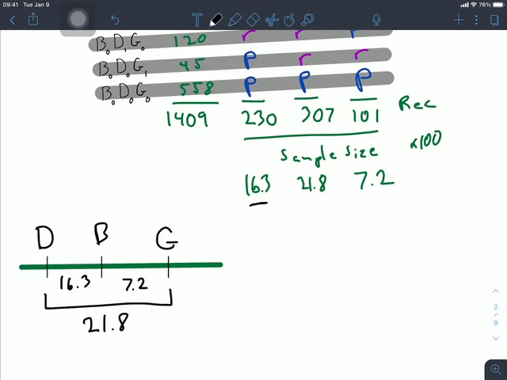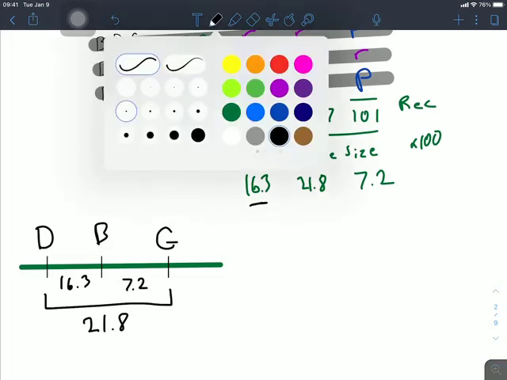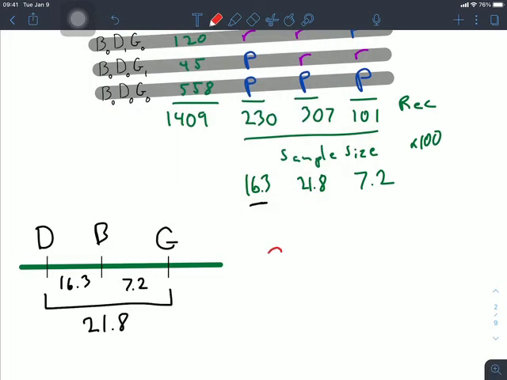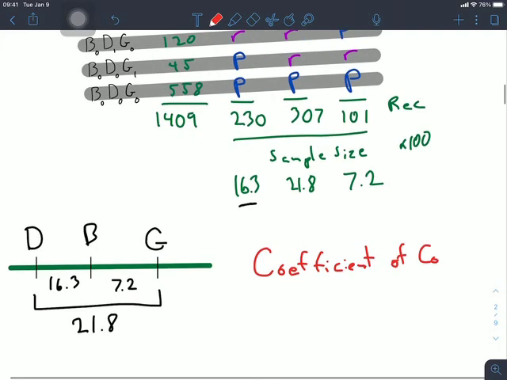This again is because we're going to have to calculate our coefficient of coincidence, as well as overall interference.